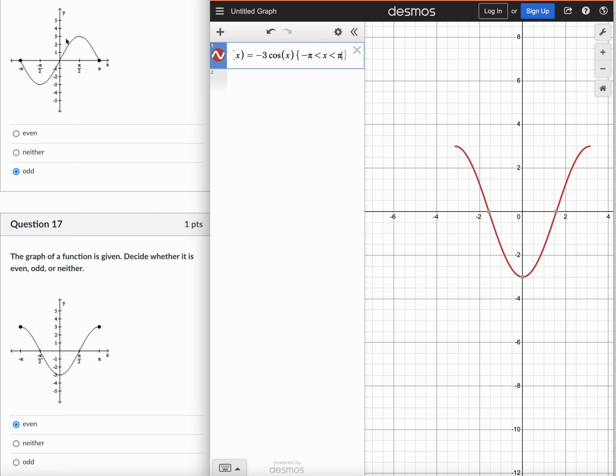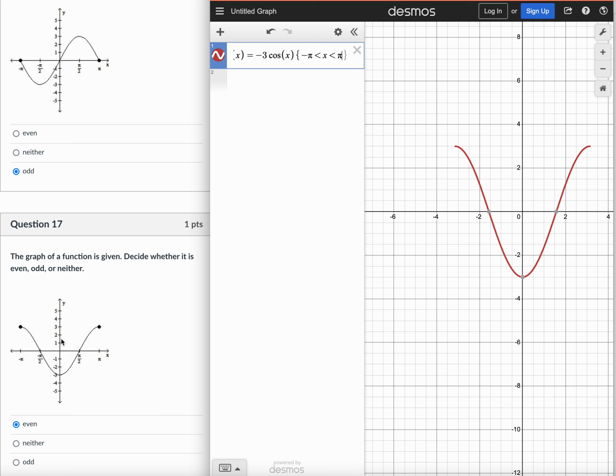This one is symmetric with respect to the origin. You rotate this picture 180 degrees, and the graph will coincide. And here for the even function, the graph is symmetric with respect to the y-axis. So that's the conclusion.